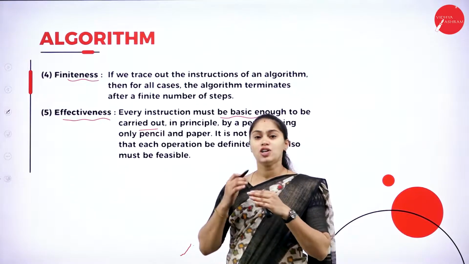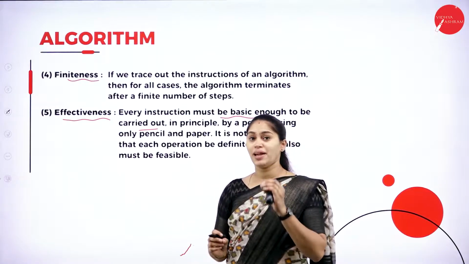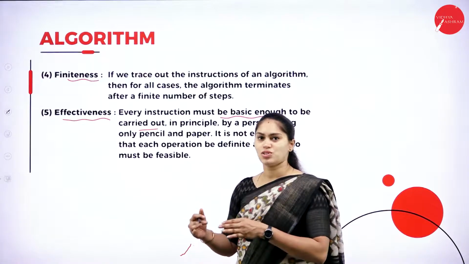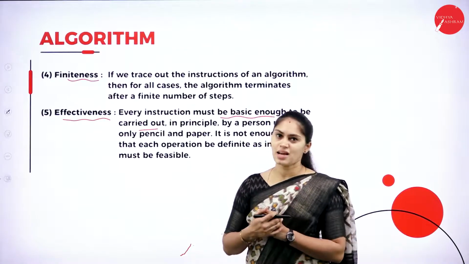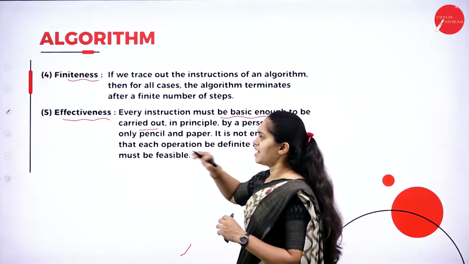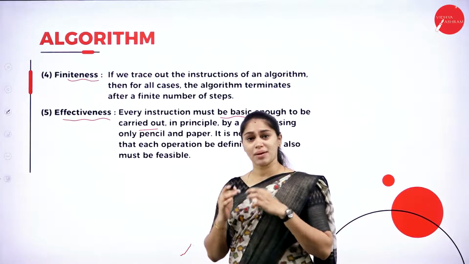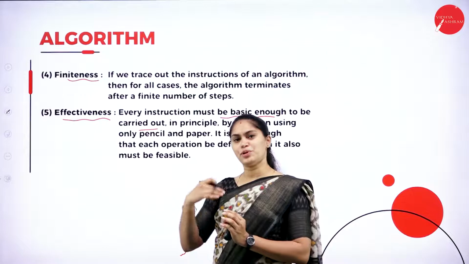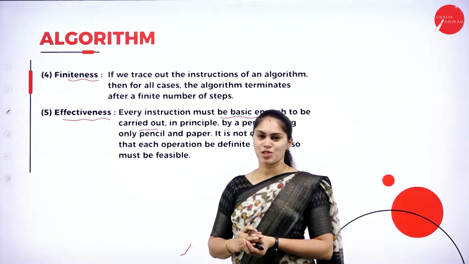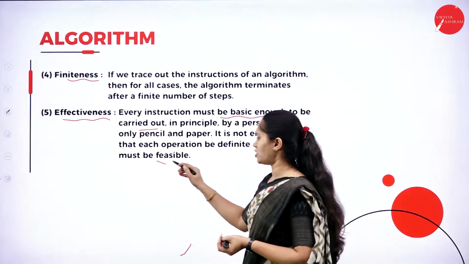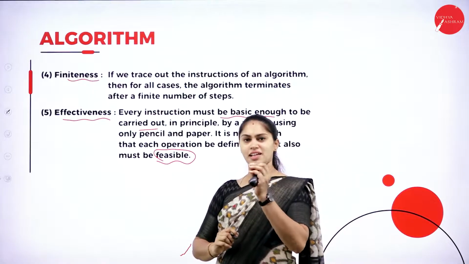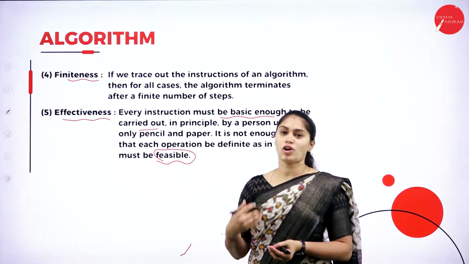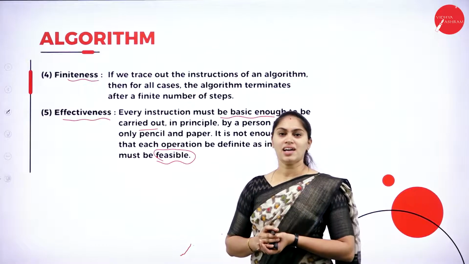Each level should be easier and clear, and it must reach the resultant as soon as possible. It should not be complicated. It must be easy. It also needs to be feasible, that is, it needs to be possible to implement or to find the solution for a particular problem.